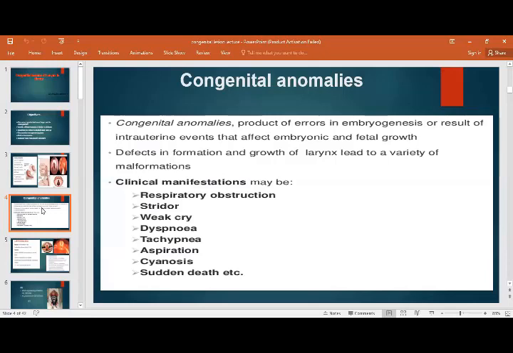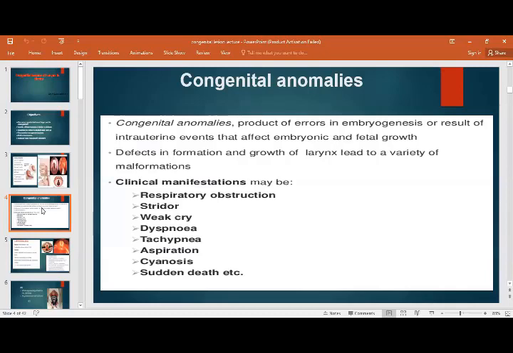So, what are the clinical manifestations? These are very important because the babies can't tell you anything. The first presentation in neonates would be respiratory obstruction. There is stridor, sometimes a weak cry, dyspnea.